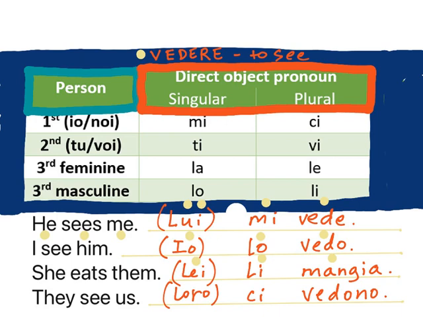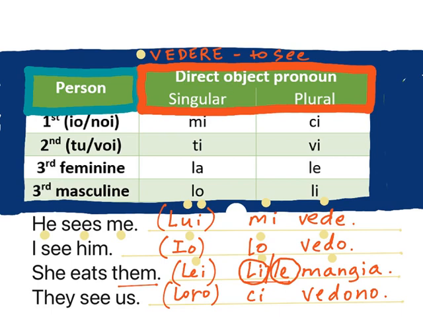But you might ask me here, would it be correct to say le? And I will say yes, it is completely correct because them is not clear whether it's masculine or feminine, so it could be both. So both answers in this case will be correct, but they have to be plural because them is plural. So lei li mangia or lei le mangia, both are correct.